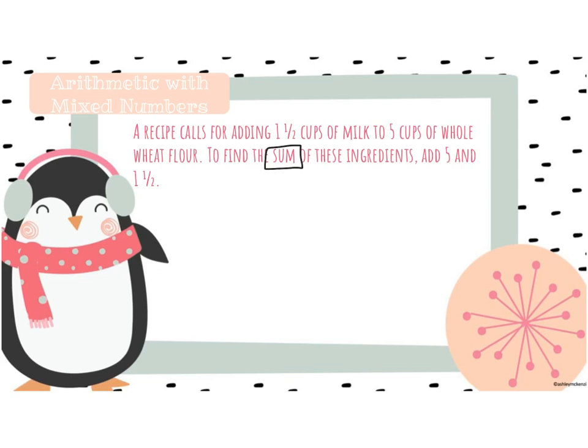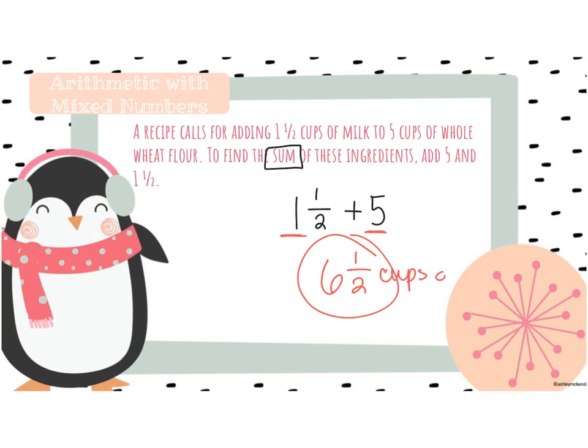A lot of you are showing me 6½, which is correct. If I take 1½ and add 5 to it, I add my whole numbers together to get 6, and then 1/2 plus nothing is just 6½. 6½ what? Cups of ingredients, right.